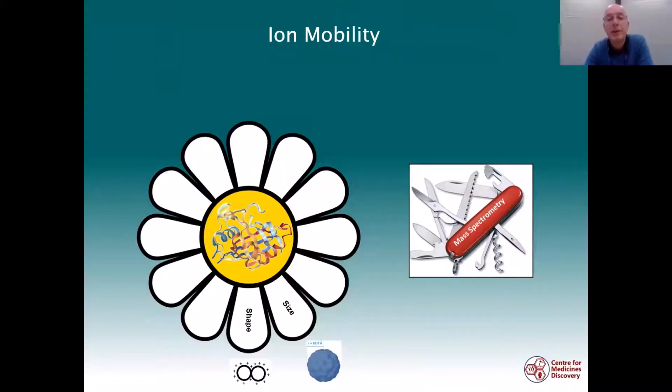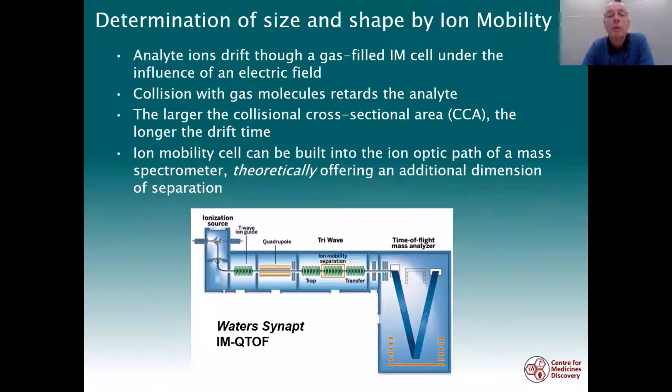So I'm going to make a start now with ion mobility. Ion mobility is used in mass spectrometry to determine shape and also size of gas phase ions. How ion mobility works, and we have mentioned this before, is we need a drift cell within our mass spectrometer.